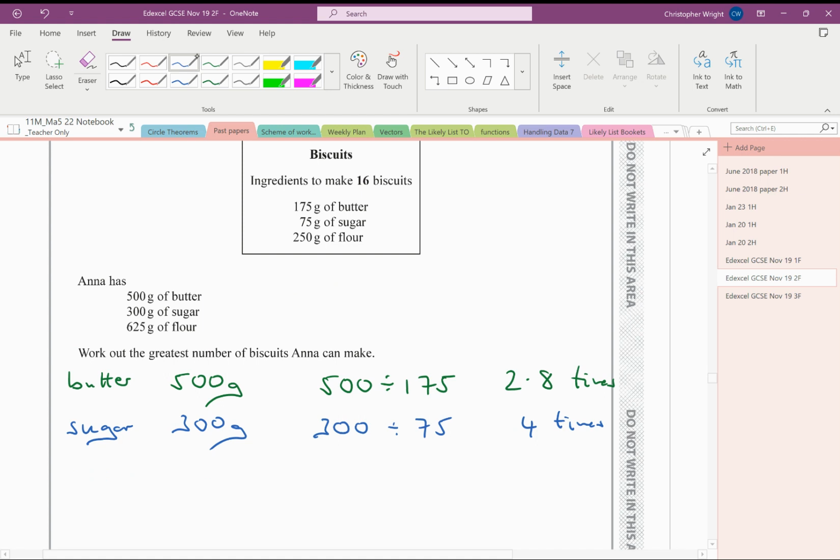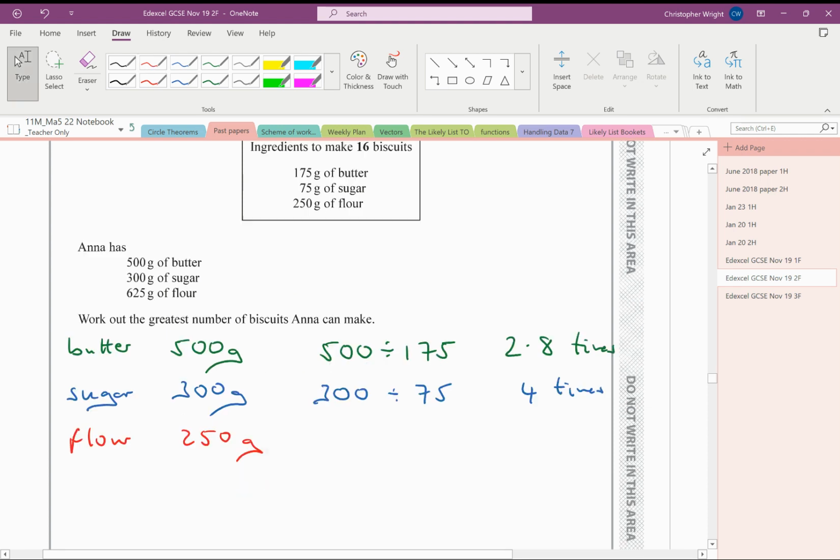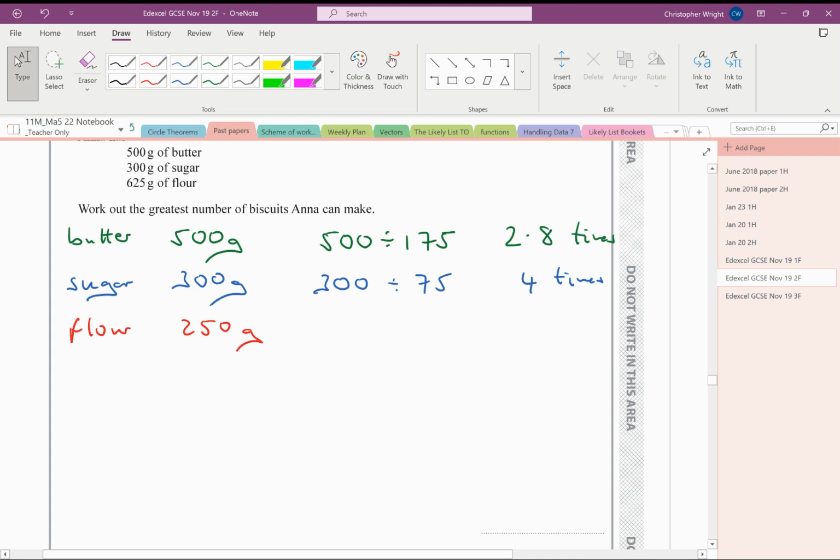Let's have a look at the flour now. She needs 250 grams of flour to make the recipe once. And she's got 625 grams of flour. So let's see how many times she could make the recipe. 625 divided by 250. Oh, she can make the recipe 2.5 times.